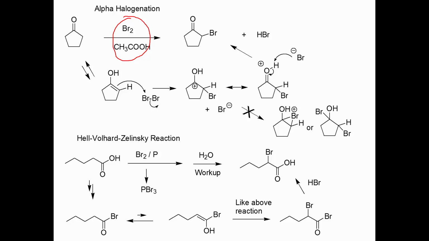Okay, so bromine and acetic acid, if we treat this ketone with bromine and acetic acid, we're going to get the alpha bromo ketone. And as a byproduct, we make HBr. Okay, you can see here where we don't really have much in the way of acid in the very early stages of this reaction, but it becomes quite acidic as the reaction progresses.